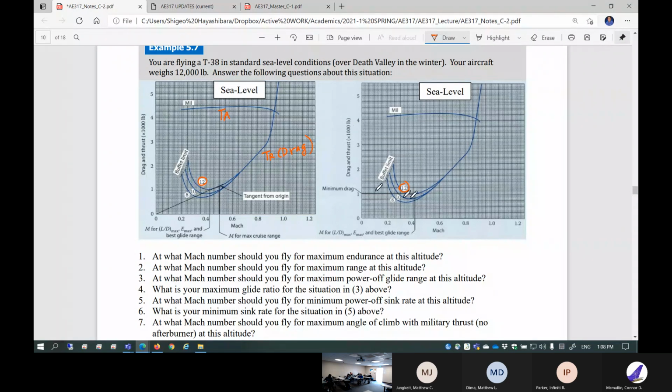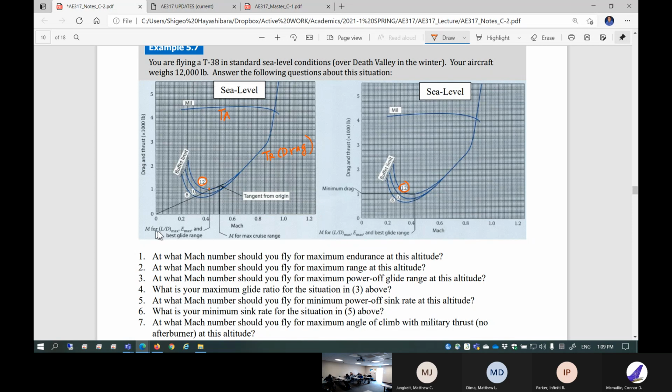Okay, so number 1, at what Mach number should you fly for maximum endurance at this altitude? Maximum endurance. Minimum drag. That's right. So minimum drag is right here.